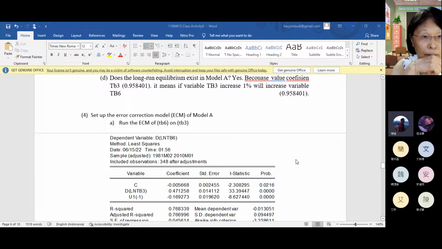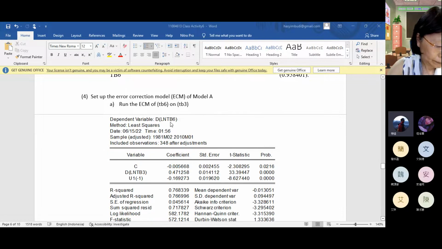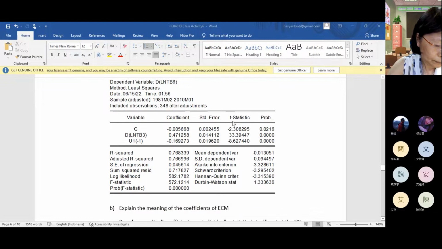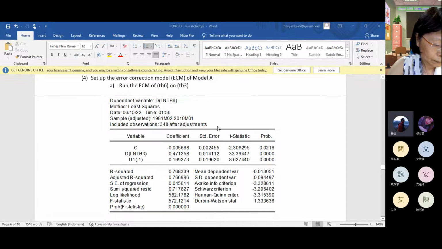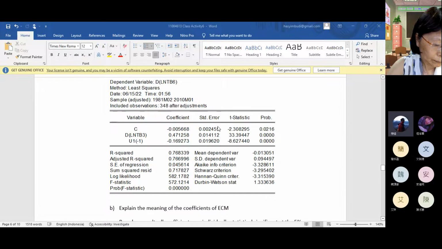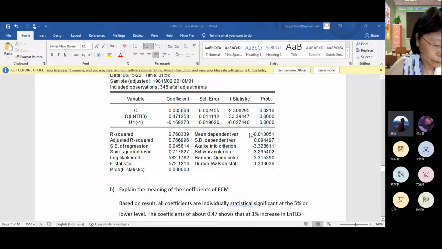Then number 4: we set up the error correction model, ECM, running TB6 on TB3. In this model, DLNTB3 is significant and the error term U1 is significant.